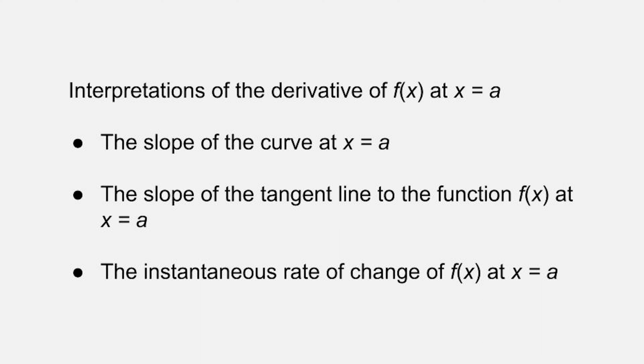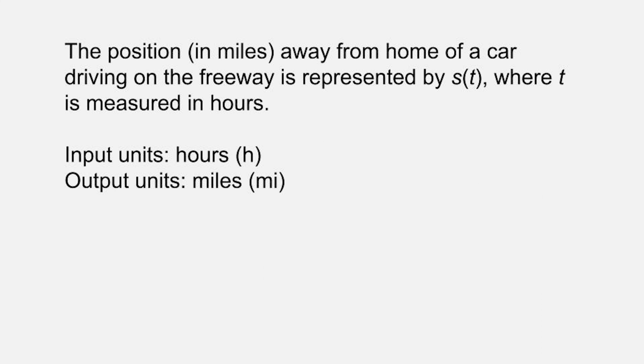So I'm going to run through a few different situations and go over how we can talk about the derivative in those different situations. Let's say that we had a function that tracked how far a car was away from home in miles after some number of hours. And let's call this function s of t. And before we even talk about its derivative, let's make sure that we know what the units of this function are.